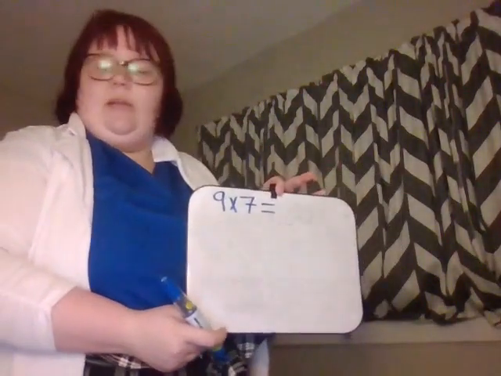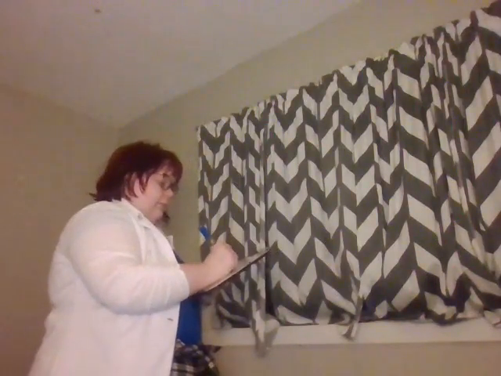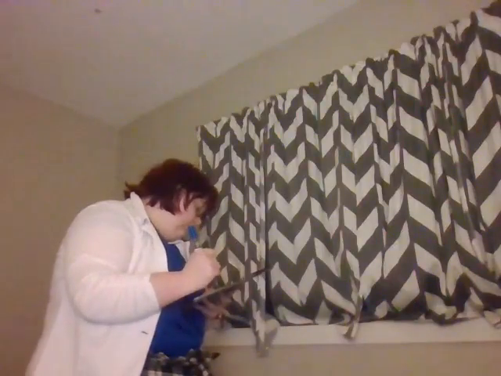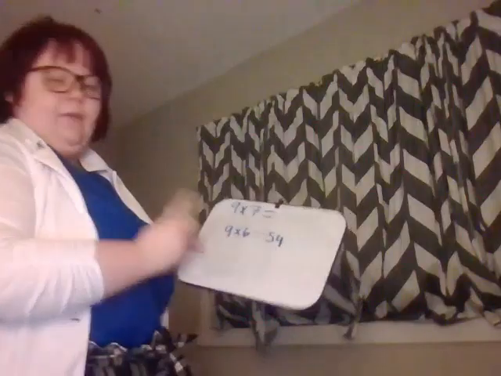So, looking at our times table, we're going to do 9 times 7. So, we can do this one of two ways. We can either take what we know. So, if we do that, we know that 9 times 6 is 54.